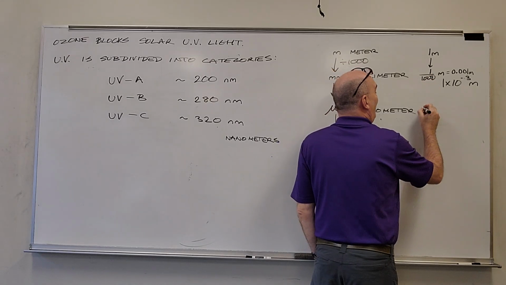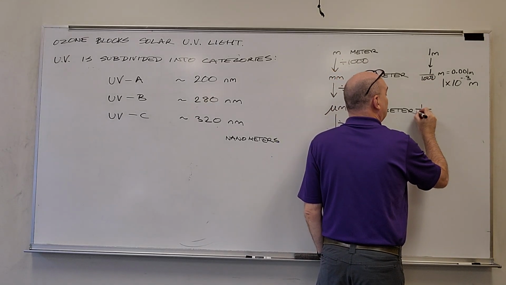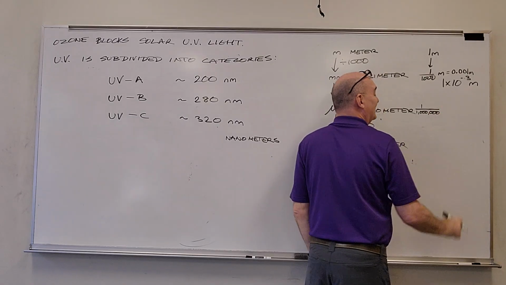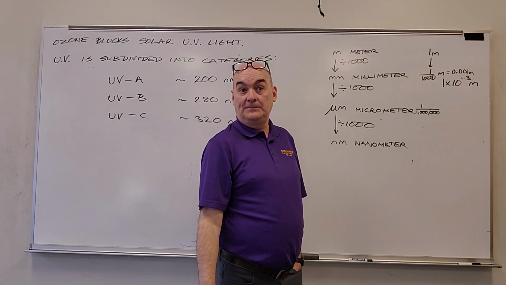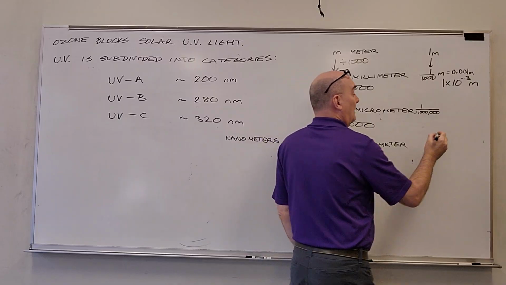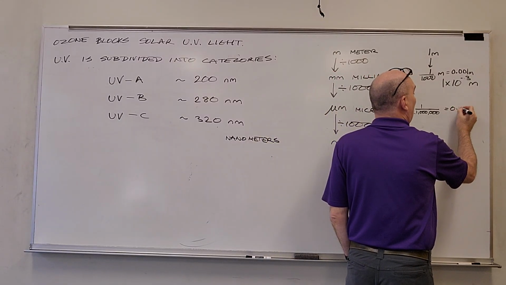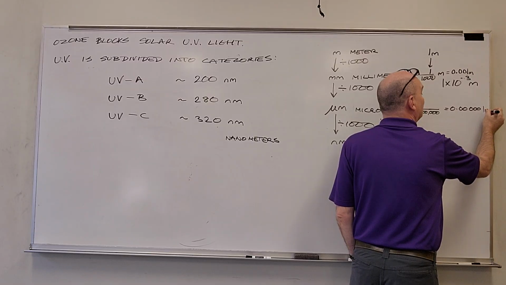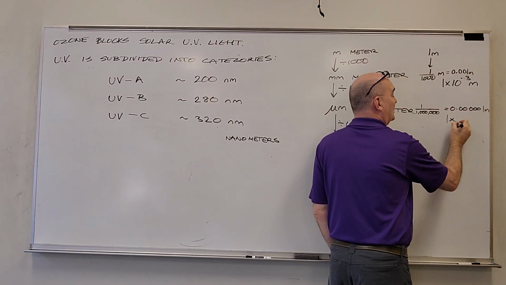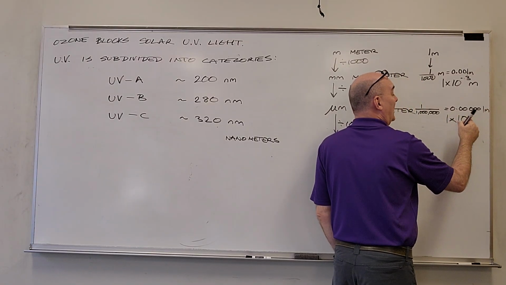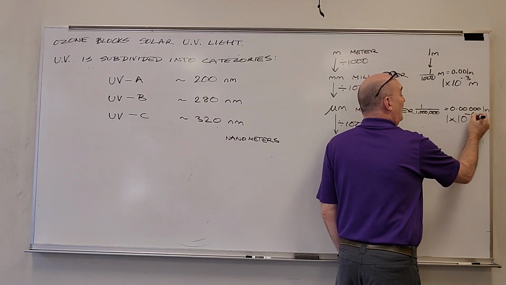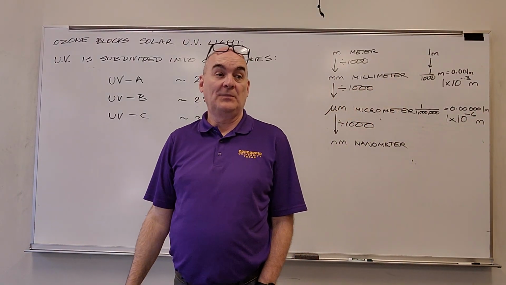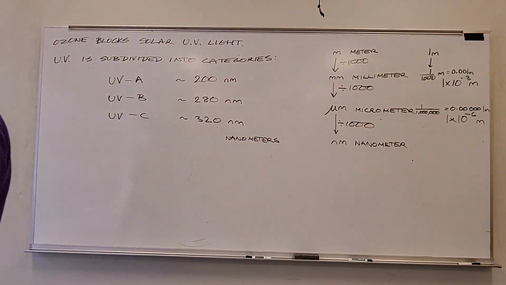If you take 1 and you divide it by 1,000 and then divide it by 1,000 again, that's 1 divided by 1,000,000, which as a decimal is 0.000001 meters. In scientific notation, this has got 6 zeros in it, and my value is behind the decimal place, 10 to the negative 6.